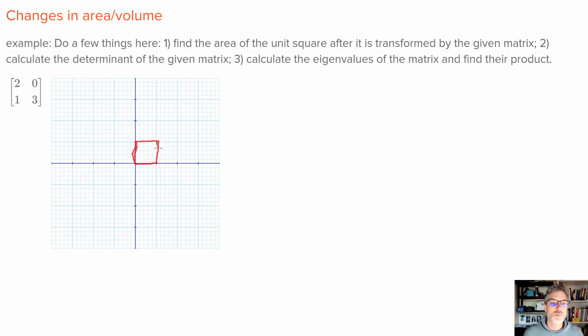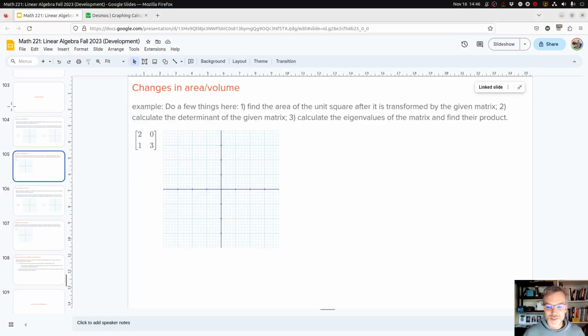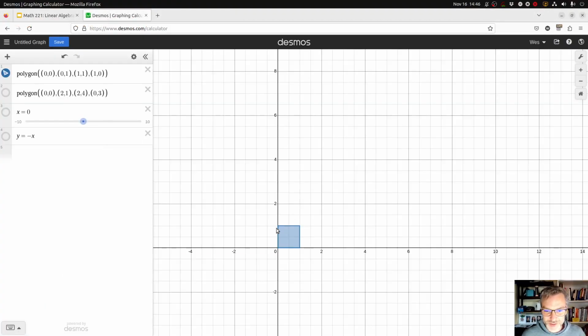I want to see what happens when this square is multiplied by this matrix. I've actually drawn that on Desmos so we have a crisper image. Here's the unit square. It has area 1. So 1 unit here, 1 unit here, 1 times 1 is 1.